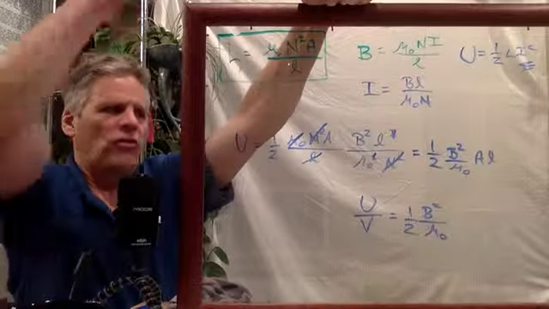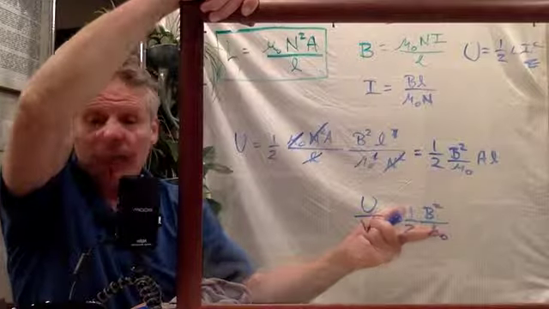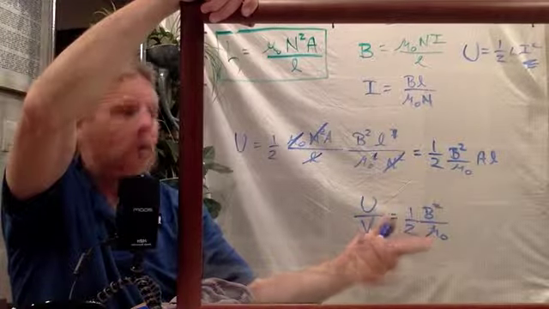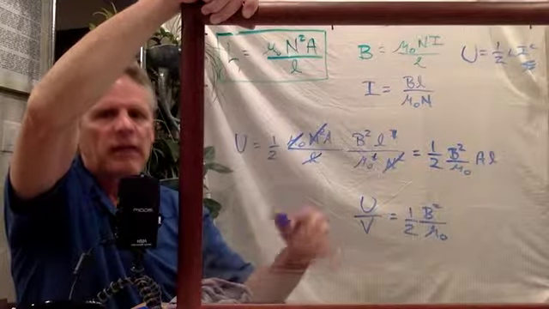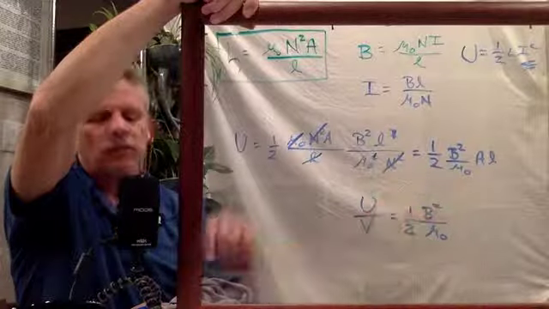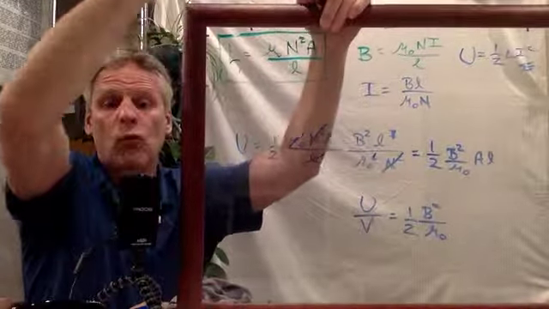This is just the energy density that is stored in a magnetic field. It doesn't matter where that magnetic field comes from. So any magnetic field anywhere will be containing this much energy. And that's that. We only have one more video to go.